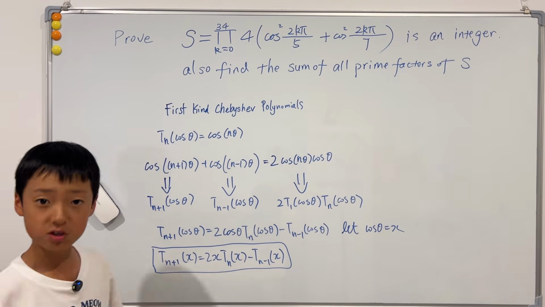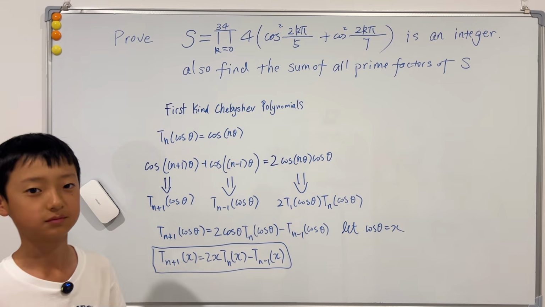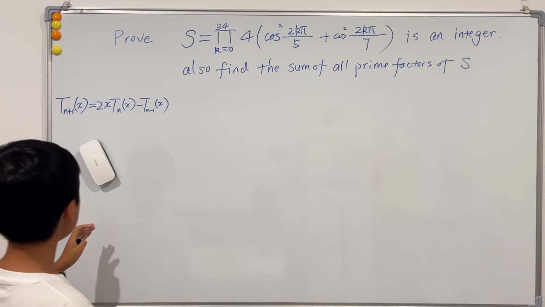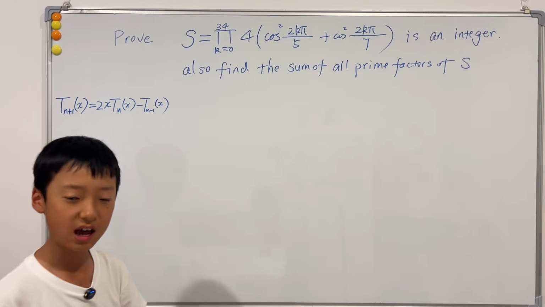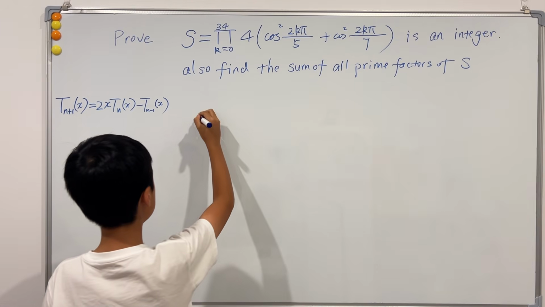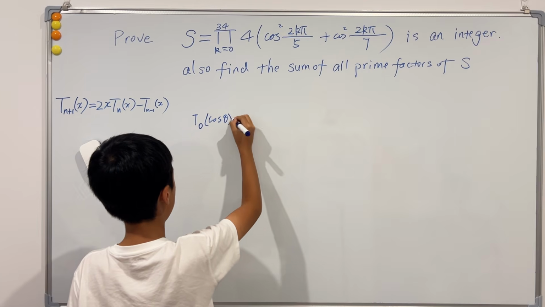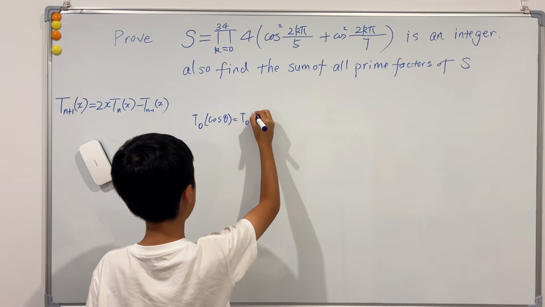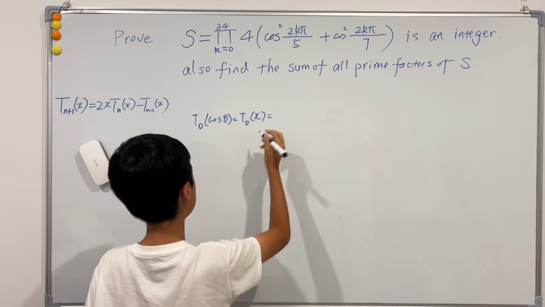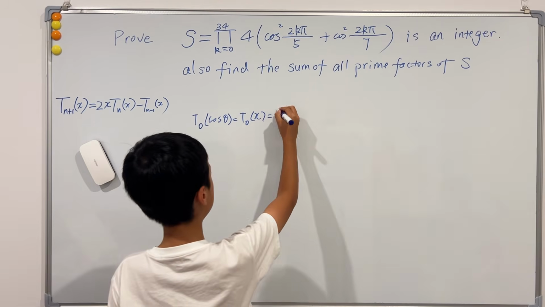And then I will give you some examples so we see how this actually works. Okay, so now that we have this recurrence equation on the side, I'll give you a few examples. Starting from the simplest, T0 of cosine theta, which is equal to T0 of x, and that is equal to cosine of 0 theta, which is cosine of 0, which is 1.